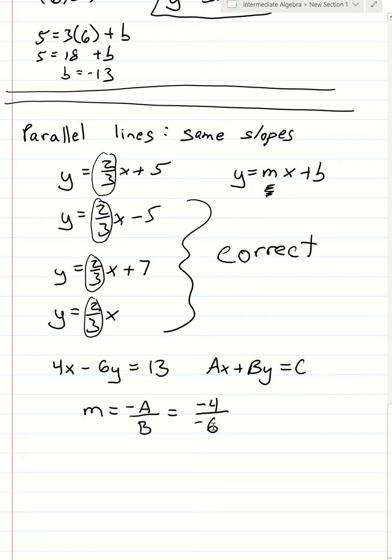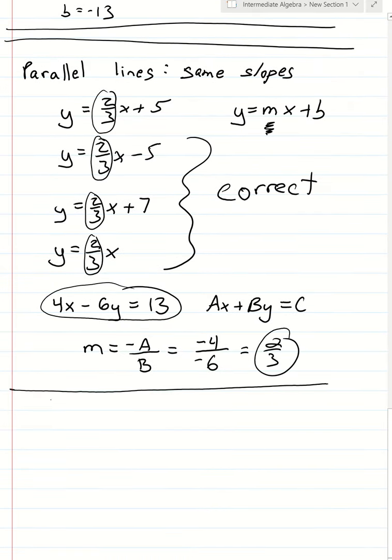And now let's take a look at this fraction. Negative 4 over a negative 6. That does simplify to 2/3. So sure enough, this has the same slope as all the others. So therefore, this equation would also be parallel to the others. Okay? So don't get hung up on the fact that it has to be in slope-intercept form. If you were to give me an answer in standard form, as long as it has the same slope, you're good to go. Okay?